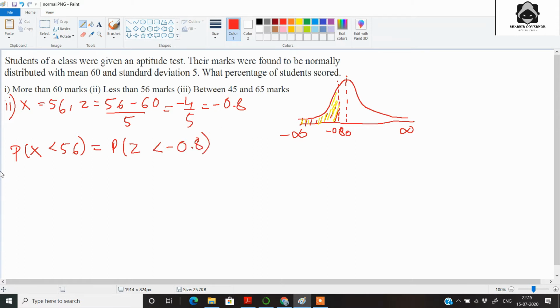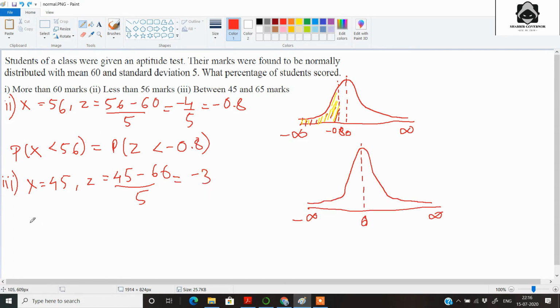And for the third question, we have to find the probability that the marks are between 65 and 45. So for 45, if x is equal to 45, then z becomes (45 minus 60) upon 5, which is equal to minus 3. On a standard normal distribution, x of 65 stands for z of (65 minus 60) upon 5, which is equal to 1.